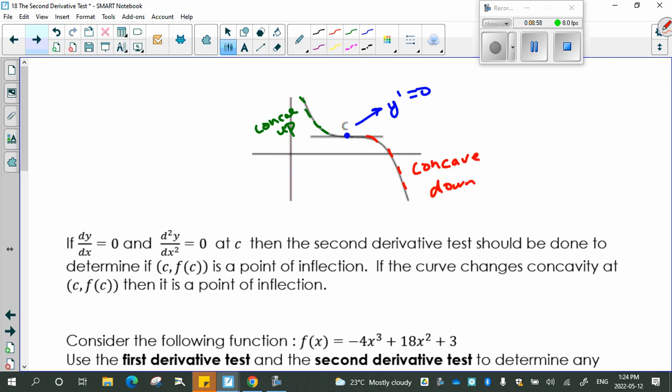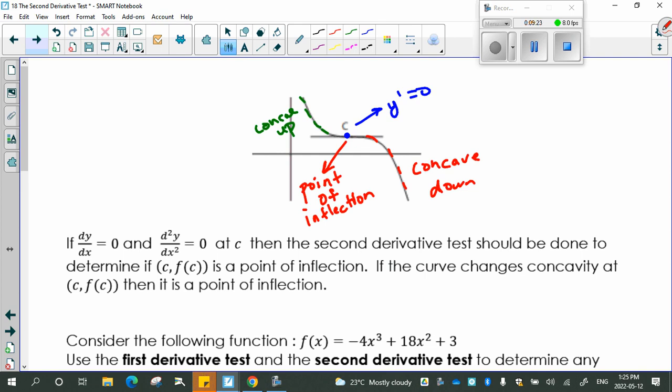And this is the point where you change from being concave up to concave down. And that special point is called a point of inflection, or an inflection point. And that's where you change from being concave up to being concave down.